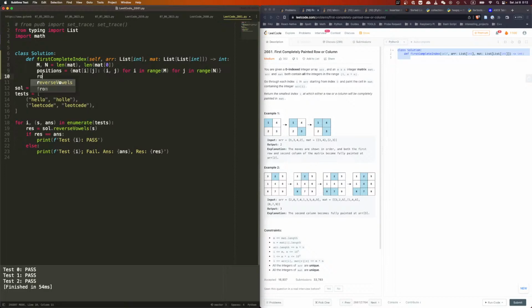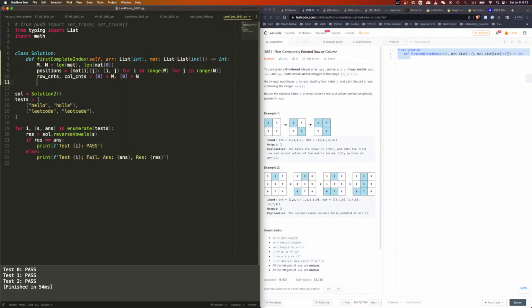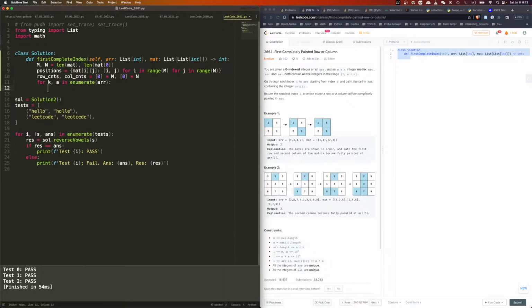So I have positions, and I have row counts, 0 times m, right? And then we also have column counts. We count the number of cells that have been filled. So now let's say for k, a in enumerate array, we say i, j will equal positions[a], right?